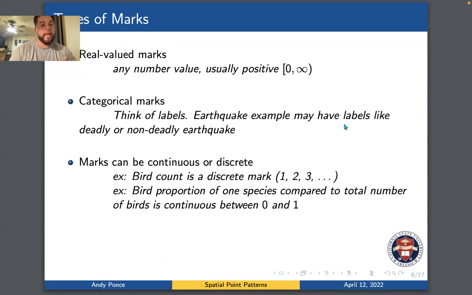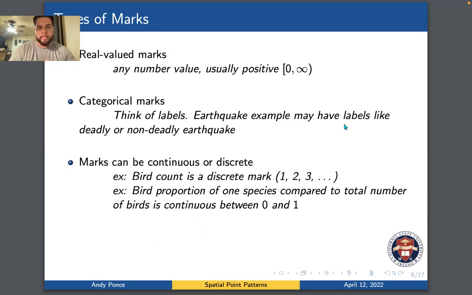Numerical marks can either be discrete or continuous. An example of a discrete mark is the count of birds, and they're discrete because they're whole numbers. So you have either 1 bird, 2 birds, 3 birds, and so on.